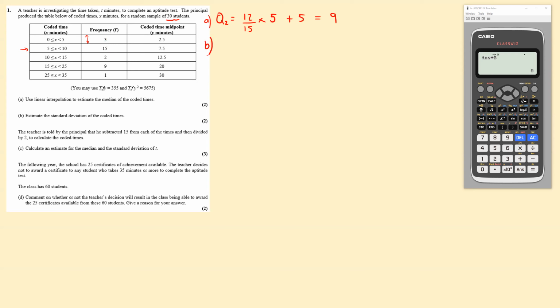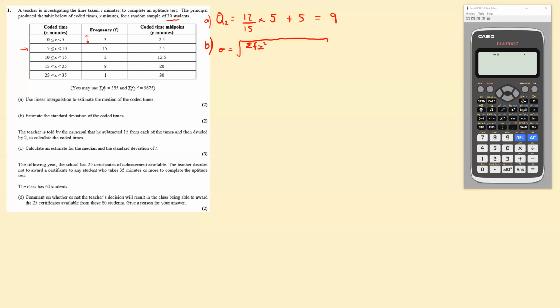Part B, there are a couple of ways of doing part B. You can use the calculator if you want, which I'll do in a second, or you can use the formula. So the formula for the standard deviation that I'm going to use here: standard deviation is equal to the square root of variance, and that formula is the sum of f x squared.